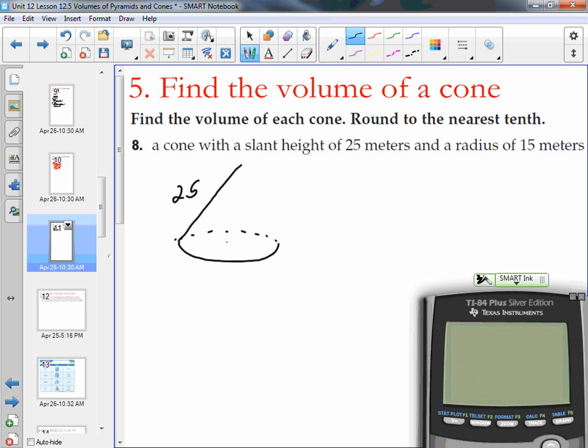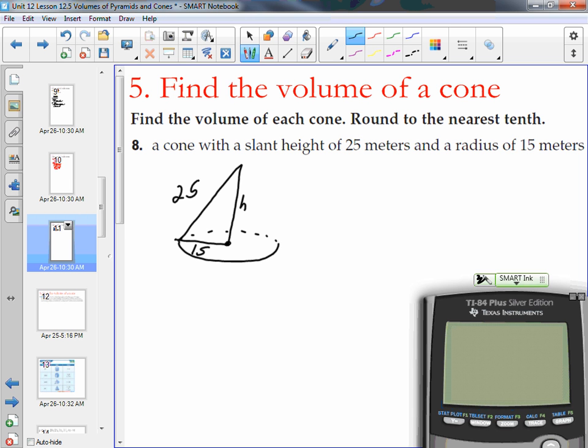It's got a radius of 15, so that's 15. And then the height of the cone, and it's a right cone because they didn't tell us it was oblique, so it's right. The height of the cone would go from the vertex down to the center of the circle. Can we find the height?